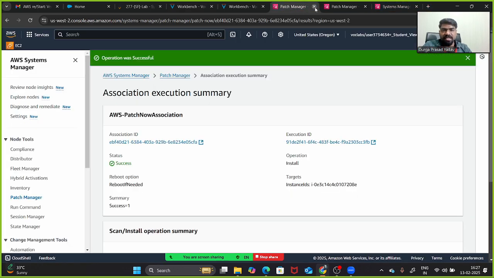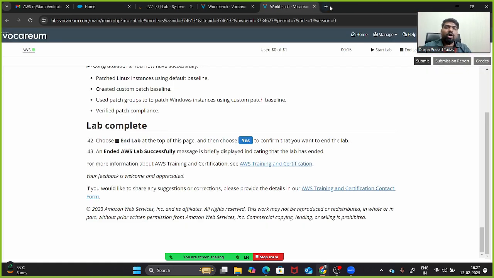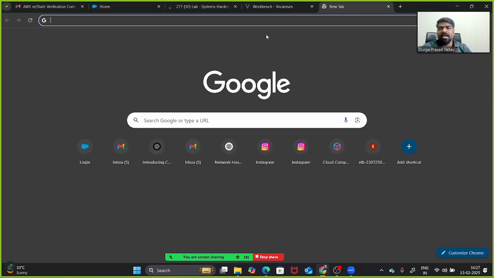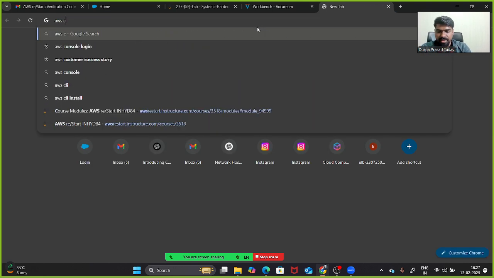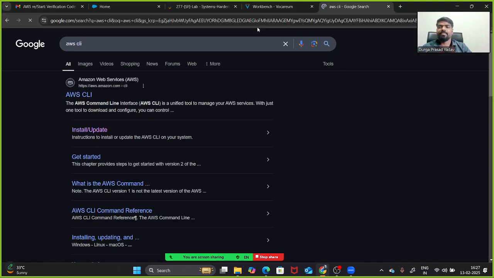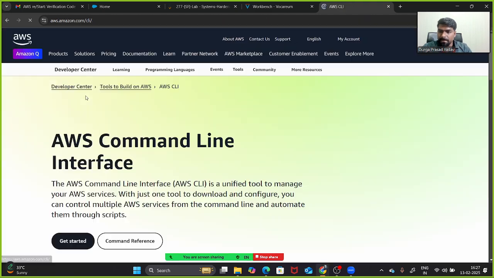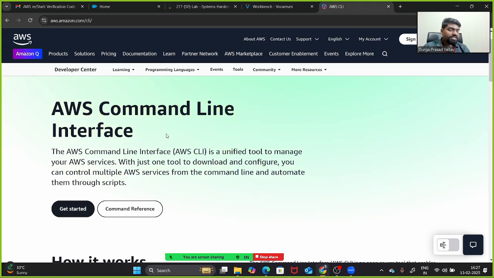The next part, we will be talking about AWS CLI in detail. What is AWS CLI? It is a command line interface. As we are mostly using Linux, we use commands and perform the work, correct?